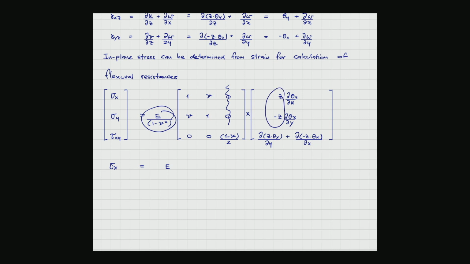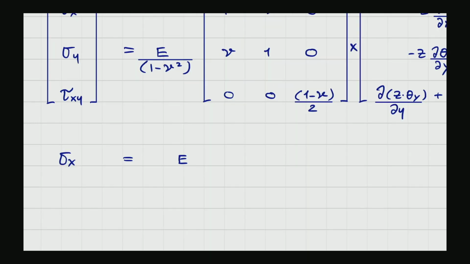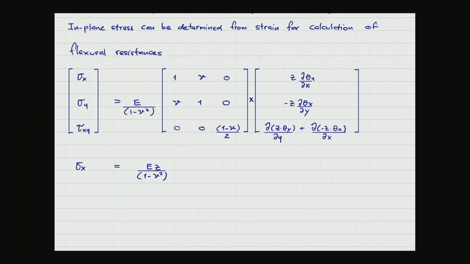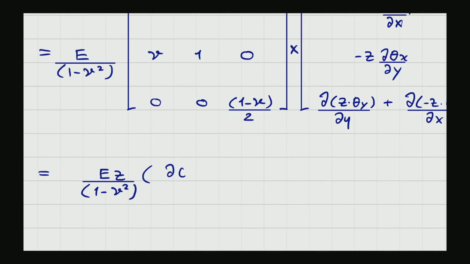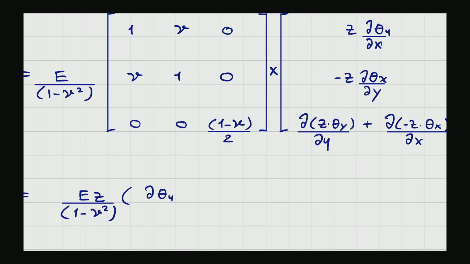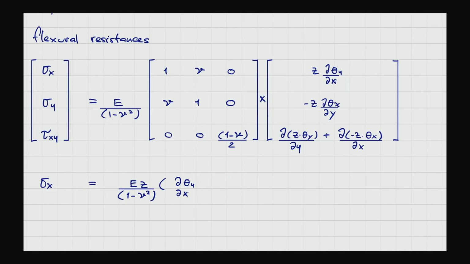You have Z as the common factor, so we take the common factor Z out, and the rest will be, first of all, 1 multiplied by the partial derivative of theta y with x, right? And then minus Poisson ratio times the partial derivative of theta x with y, and that's it.